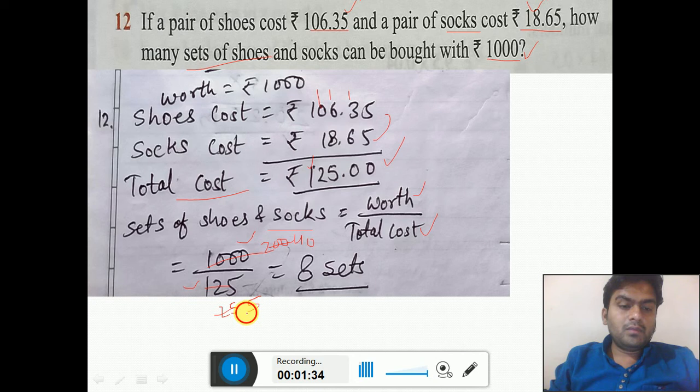Now 5 1s are 5 and 5 8s are 40. So we got 8 upon 1 or 8. So 8 sets of shoes and socks that person can buy with the worth of 1000 rupees.